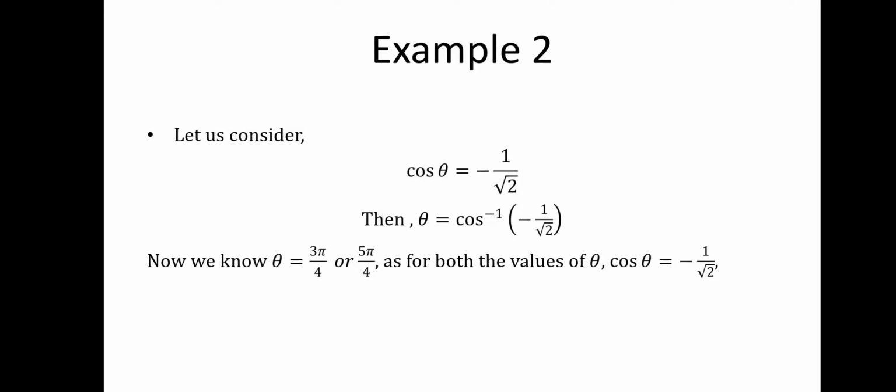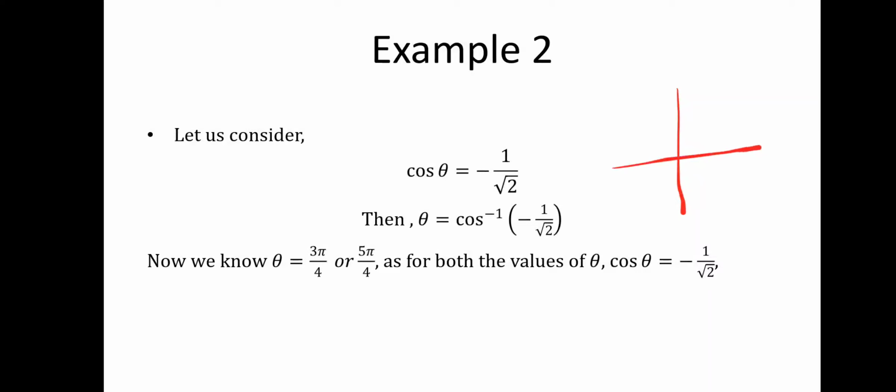Cos of 180 plus theta becomes minus cos theta, so minus cos 45, that is also minus 1 by root 2. So in both these cases, cos gives me minus 1 by root 2.